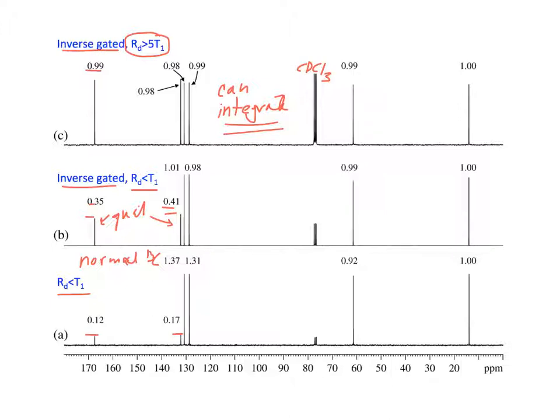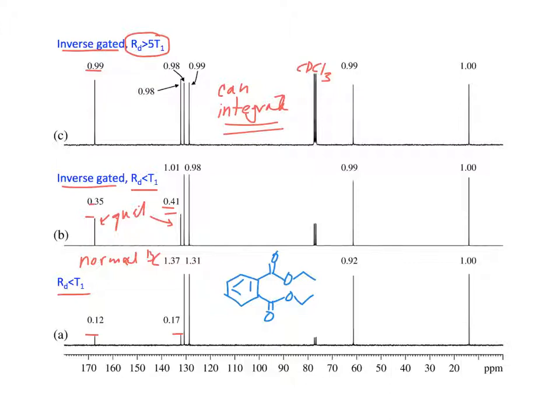Okay, so these are all spectra of just this diethyl phthalate. So we have the carbonyl out here at almost 170 for the ester.